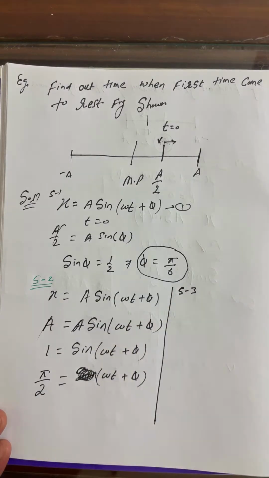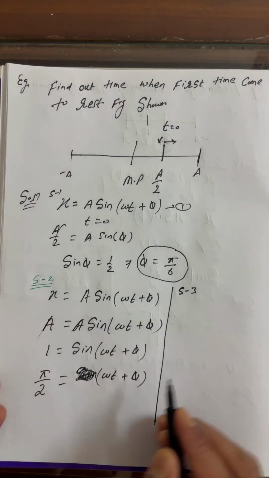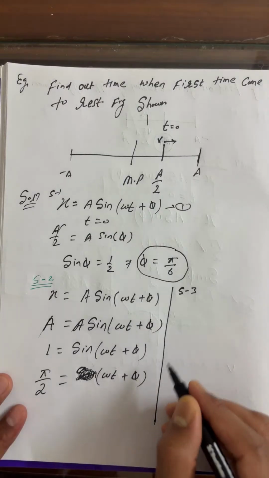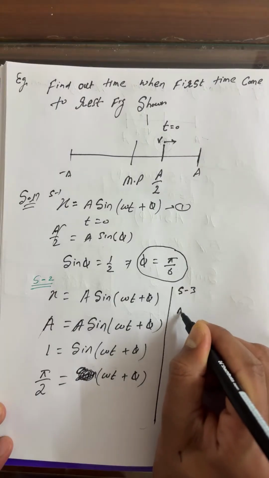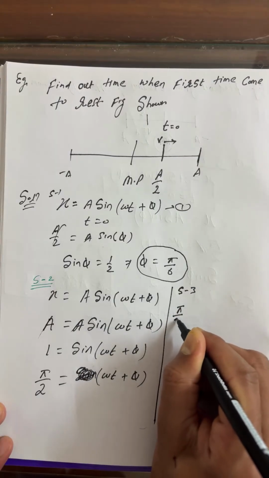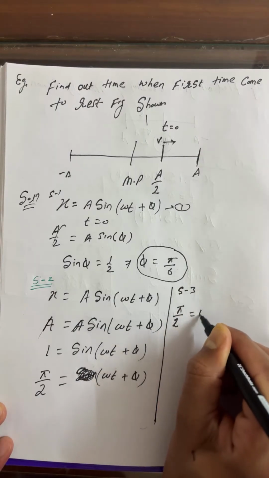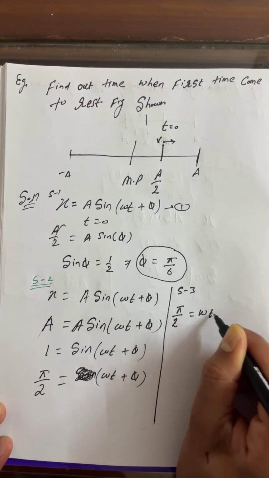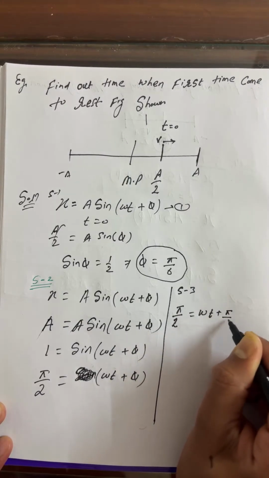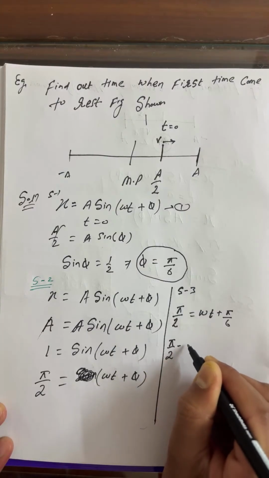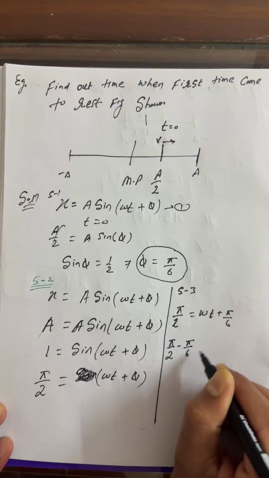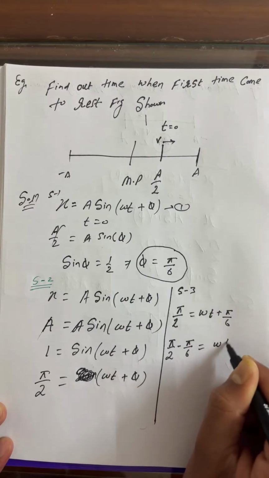This is step number 3. So you can say this is pi by 2 here. So phi, what we found? Pi by 6. The value of phi over here. So for further calculation, pi by 2 is equal to omega t plus pi by 6. Separate the left and right: pi by 2 minus pi by 6 is equal to omega t.